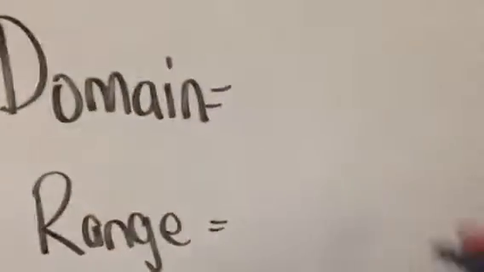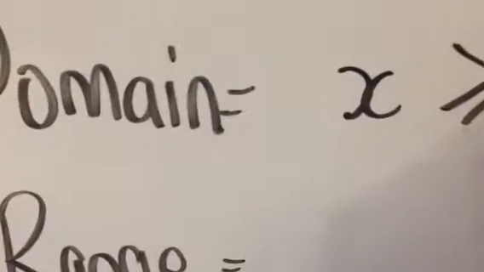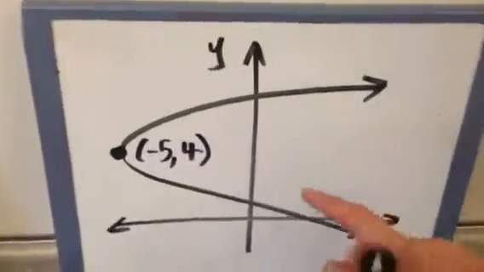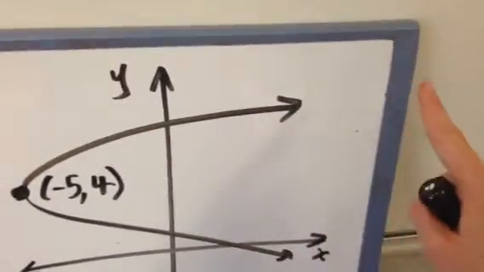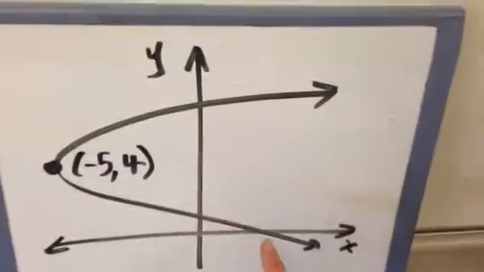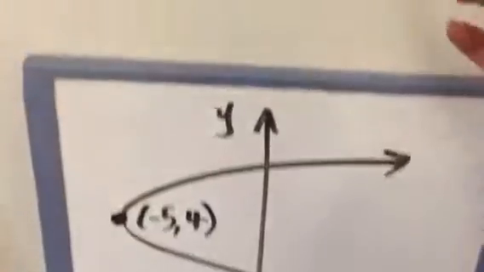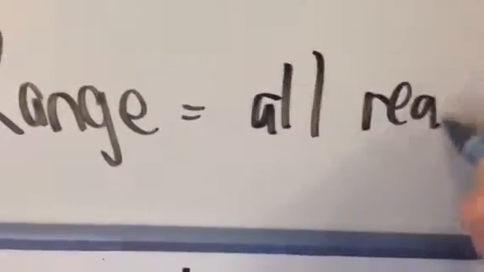So for my domain, x is greater than or equal to -5. And my range, this is going to continue up and up very slowly, but it will continue for all of eternity. Same with this, it will continue down and down, so that all my y values will be permissible. So for my range, I have all real y.